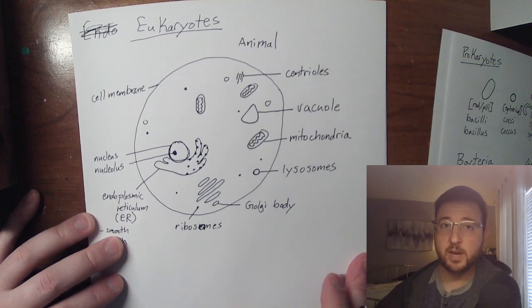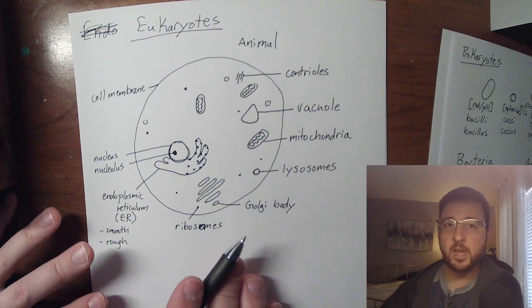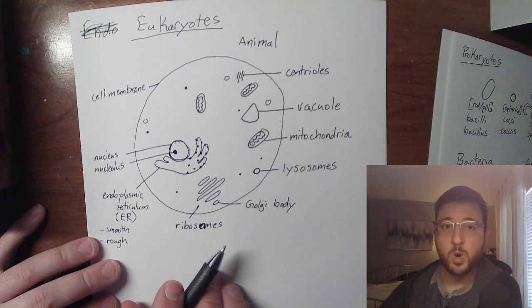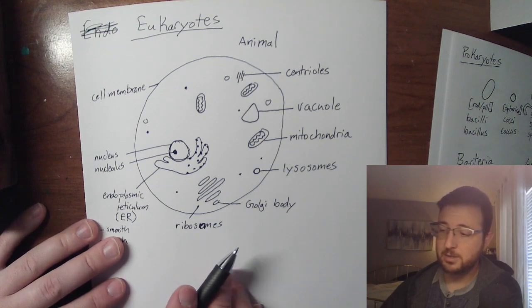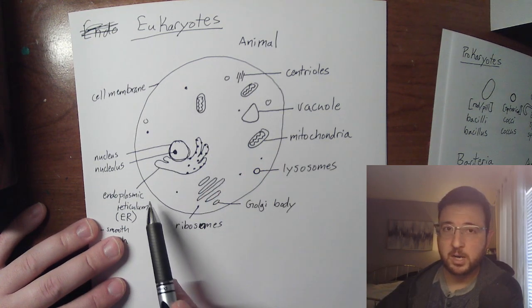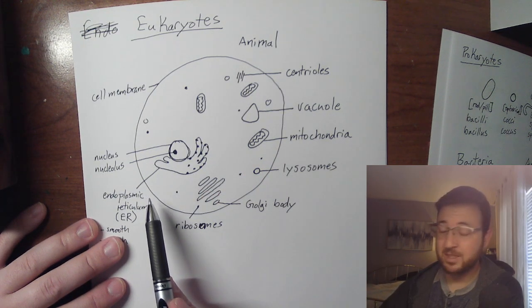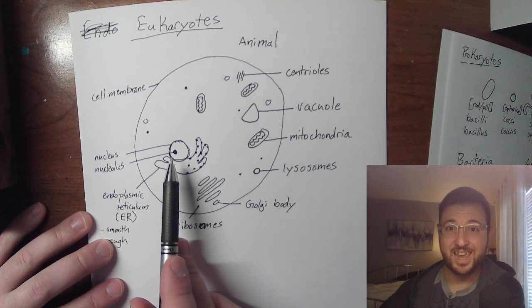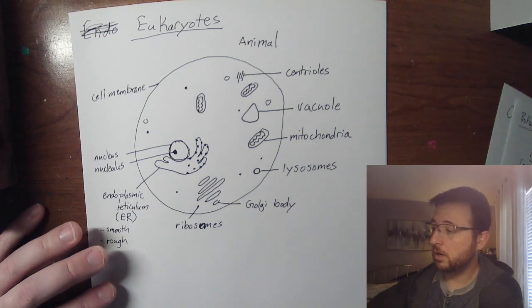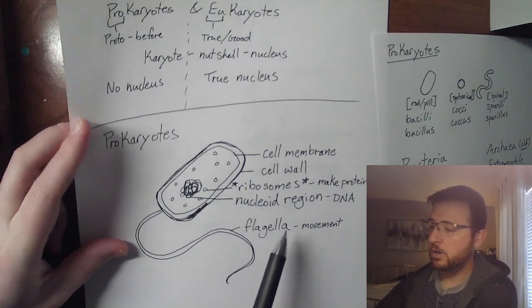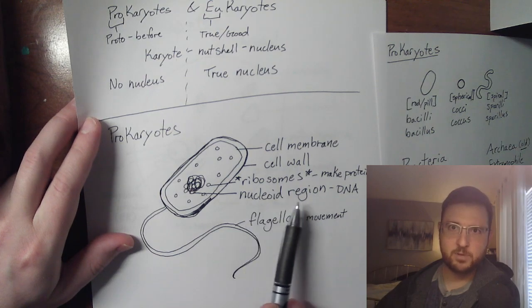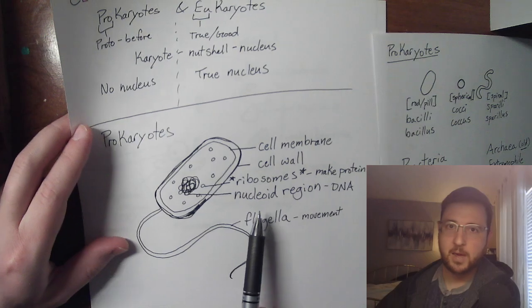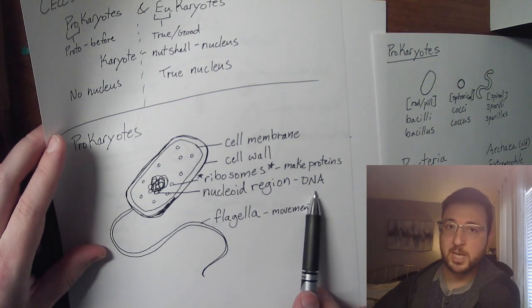Okay, so now we've got our animal cell. This would be a great thing to, like we did earlier, color in while I describe what each part of the cell does. All right, we already talked about the cell membrane, how it regulates what goes in and out of the cell. The nucleus is going to be storing DNA. Okay, now earlier, if you remember, we had our nucleoid region, and they have those similar names, nucleoid, nucleus, for a reason, and that's because they both store DNA.